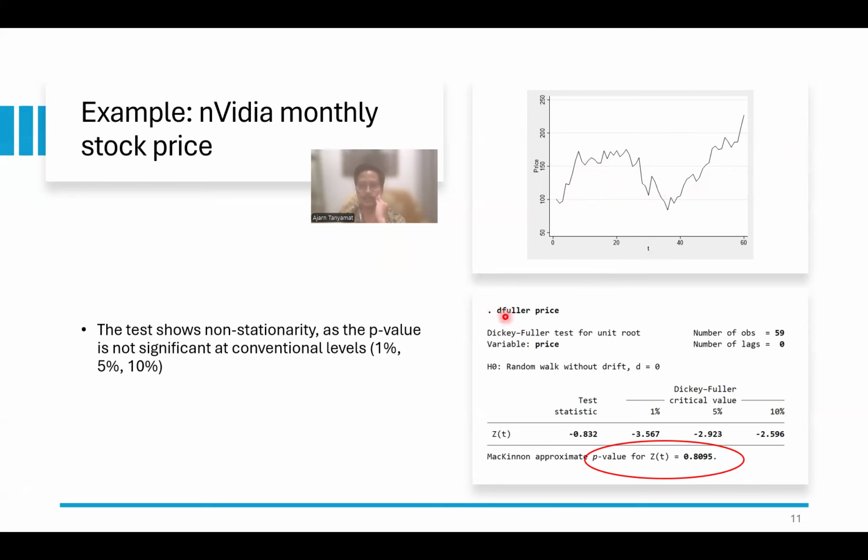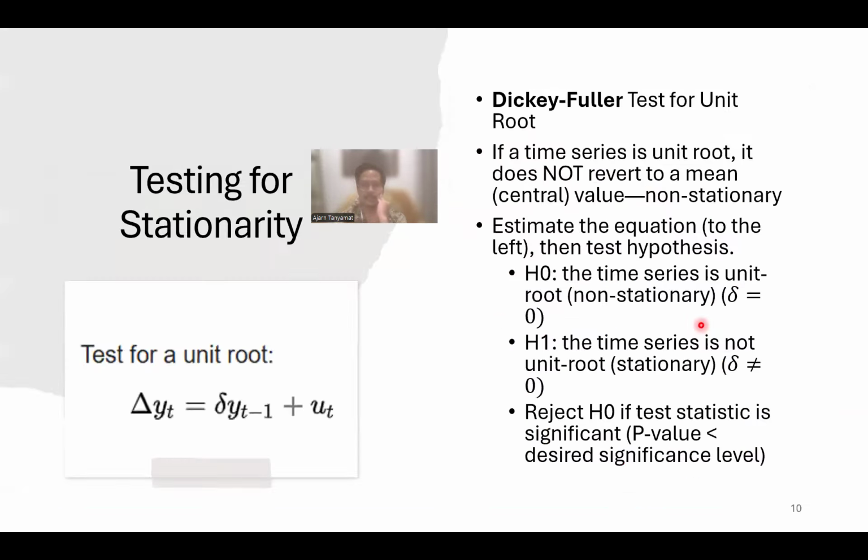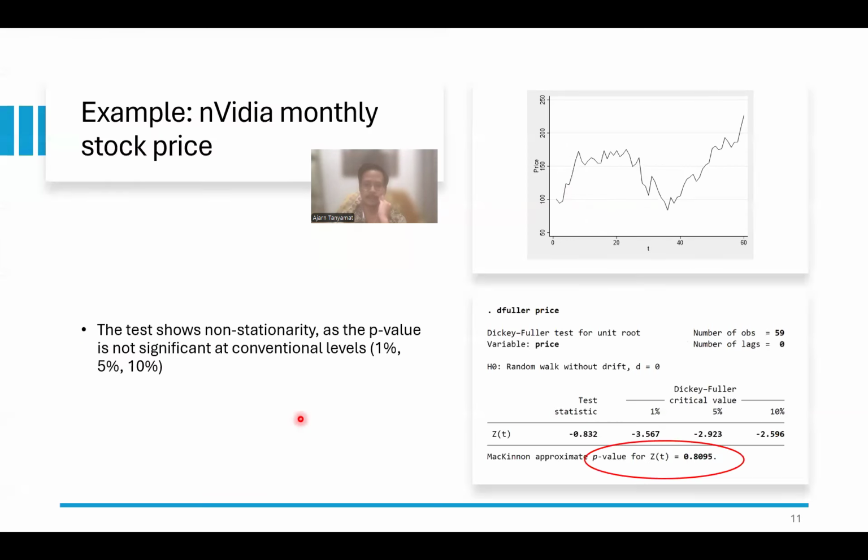But we do the Dickey-Fuller test in Stata. The command is dfuller followed by the variable. Now, because there's a lag value in the equation to estimate, the number of observations becomes smaller, 59. Okay, doesn't matter.